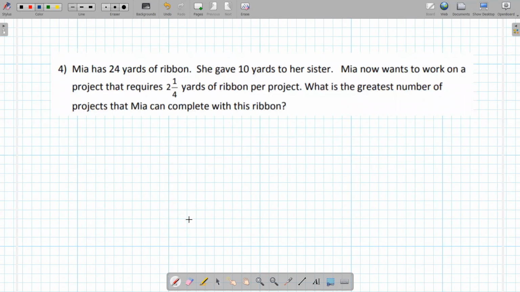So Mia has 24 yards of ribbon. She gave 10 yards to her sister. Mia now wants to work on a project that requires 2 and 1/4 yards of ribbon per project. What is the greatest number of projects that she can complete? Well, she gives away 10, so she only has 14 left.